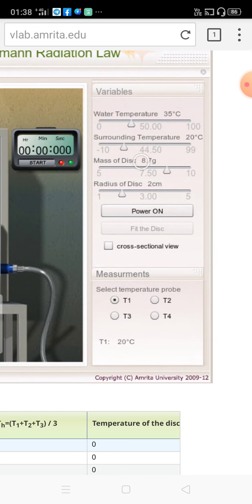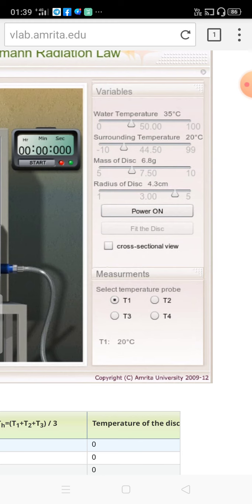Now the mass of the disc is 6.8 gram, the surrounding temperature I'm keeping constant at 20 degrees centigrade, and the radius of the disc is 2 centimeter. I am trying to bring it nearby 3. Originally it was 3. I am using the slider to do it. Now it is 4.3 centimeter. So now it becomes constant.